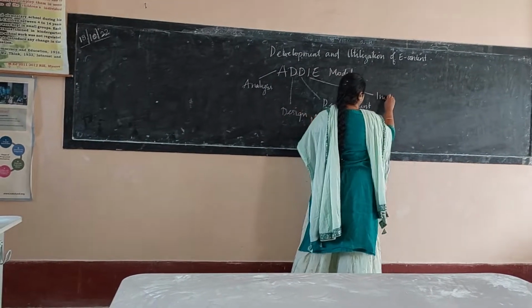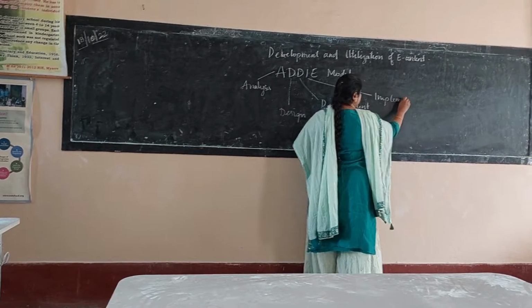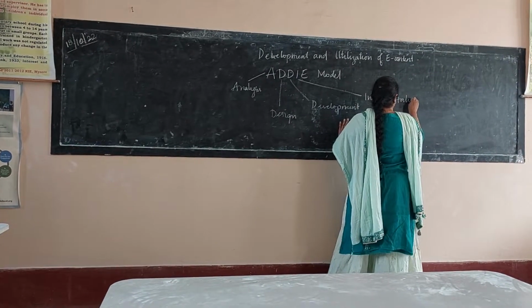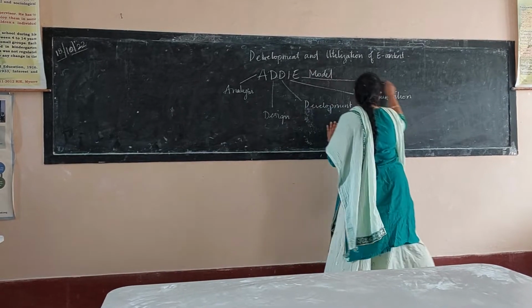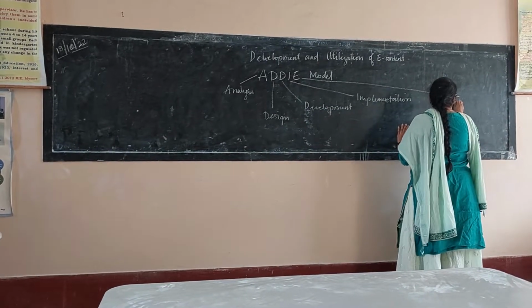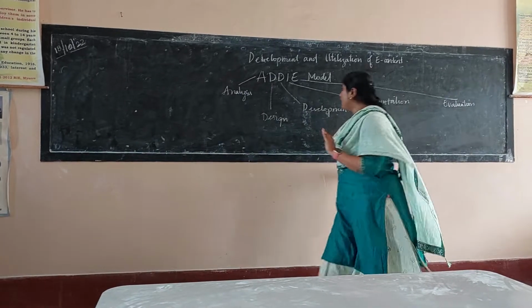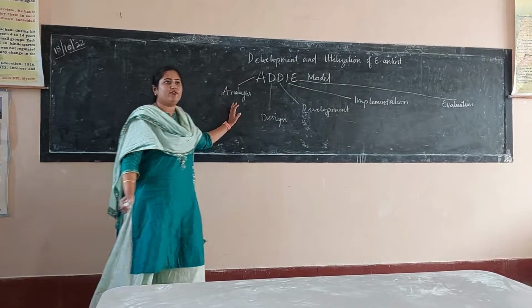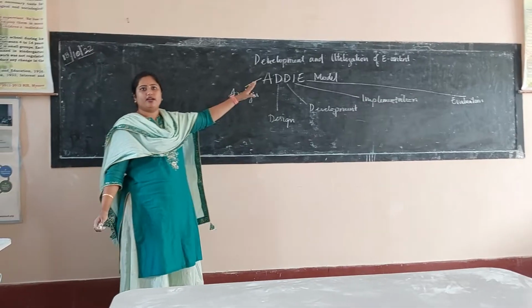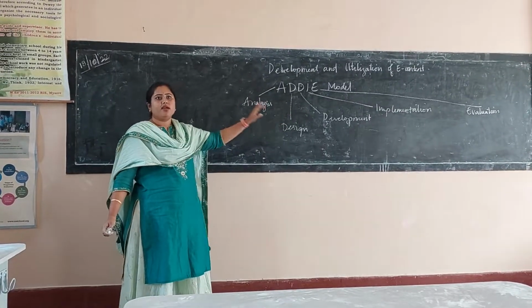I refers to implementation. And the last E refers to evaluation. So these are all the steps that you have to follow to make an e-content through the ADDIE model.